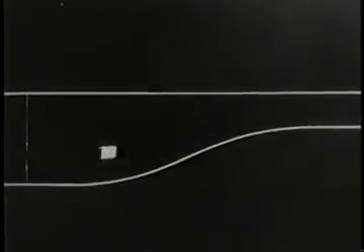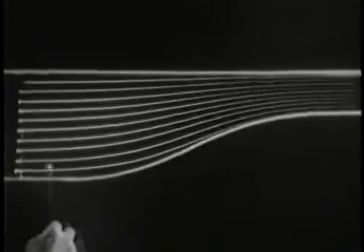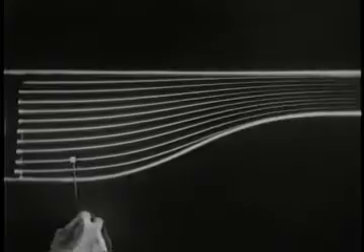The velocity increase in the contraction is coupled to the pressure decrease by Newton's law of motion. Let's see how. Here, the bubbles mark many streamlines. Let's imagine that this is a typical fluid particle.